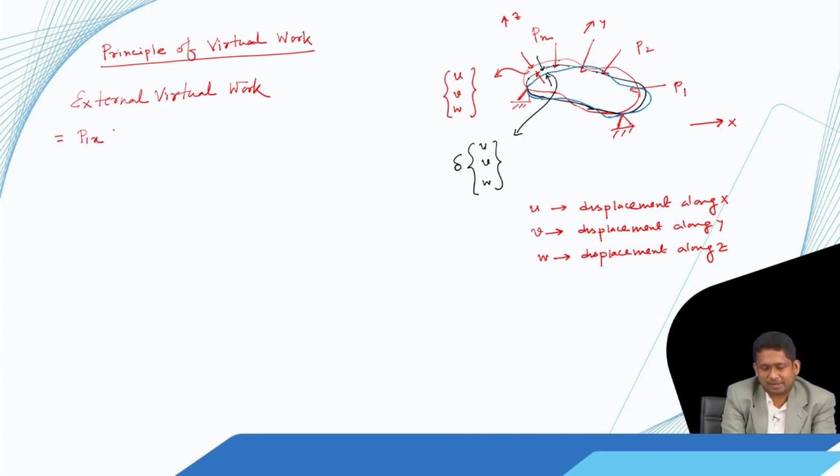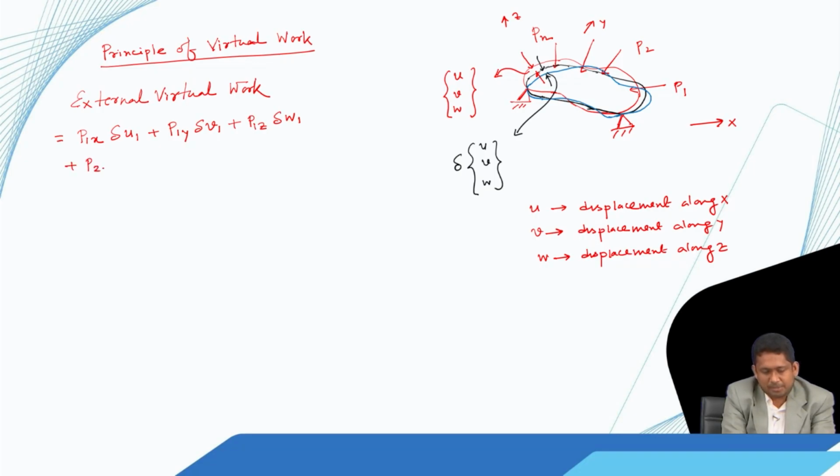That multiplied by delta u at point 1, because u is the displacement along x direction, plus P1y, that means the component of P along y direction, multiplied by delta V1, V being the displacement component along y direction, and V1 means at that point, plus P1z into delta W1.